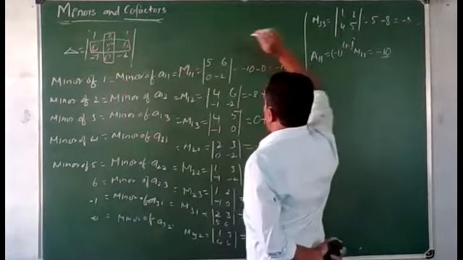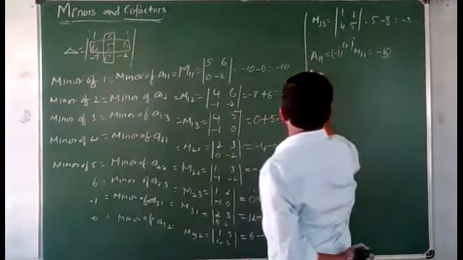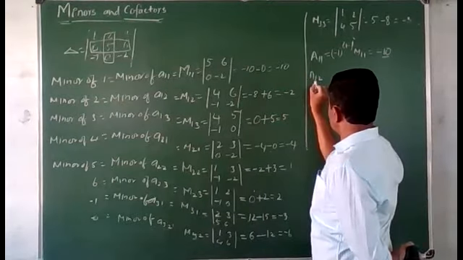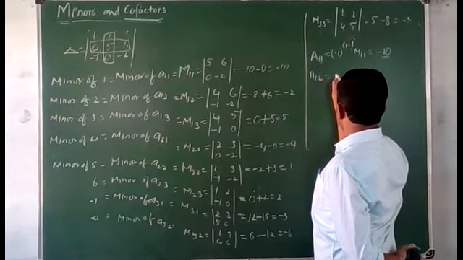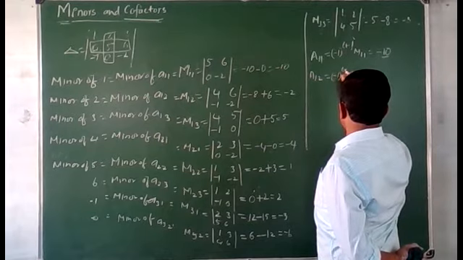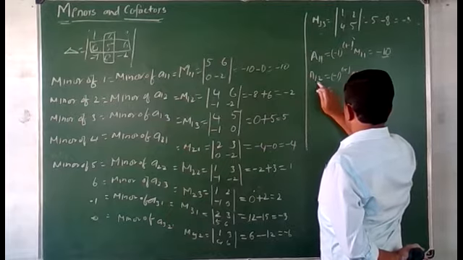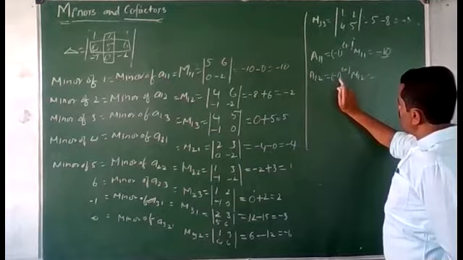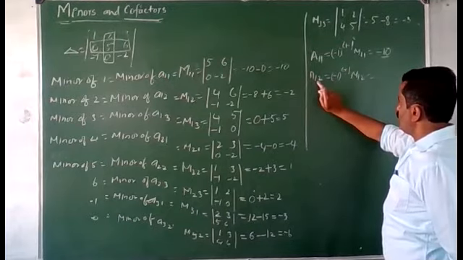Again, what is the cofactor of this element, that is 2? It can be written as A12, the element in the first row, second column. That is equal to minus 1 whole to the power of i plus j into M12. What is the i value? 1.